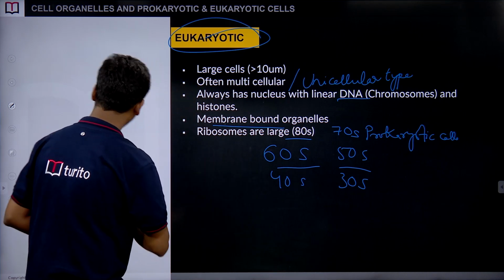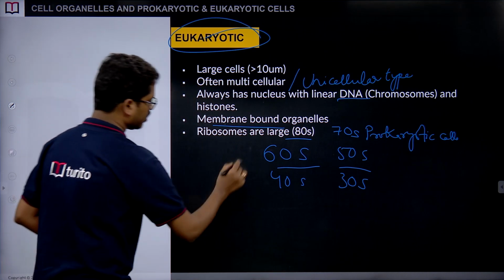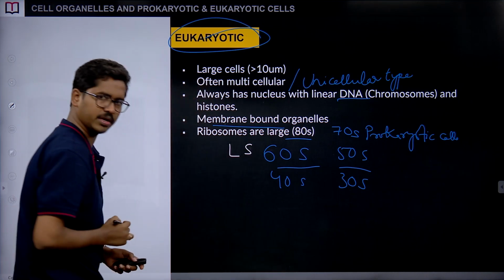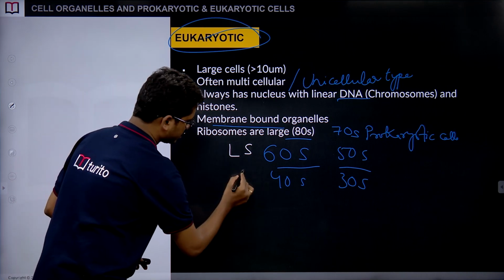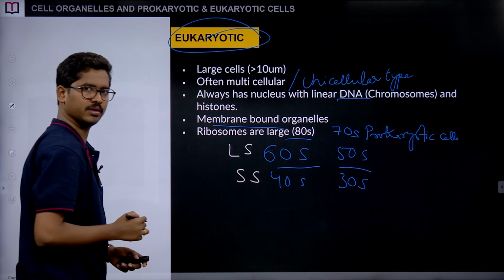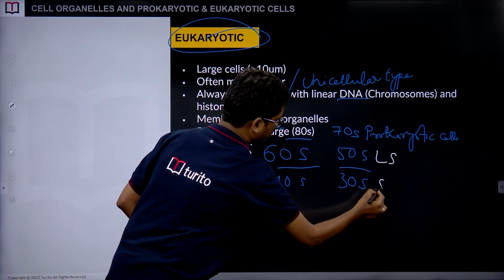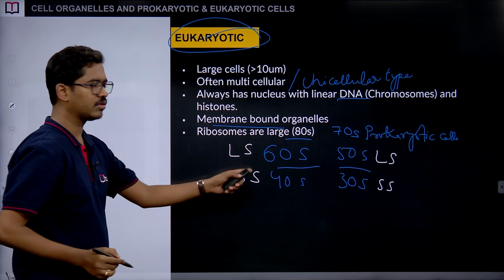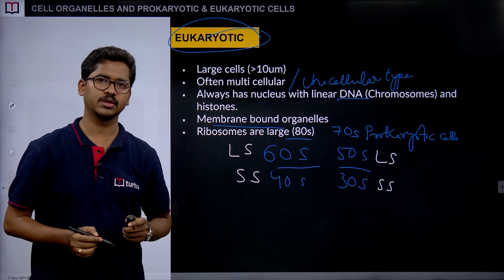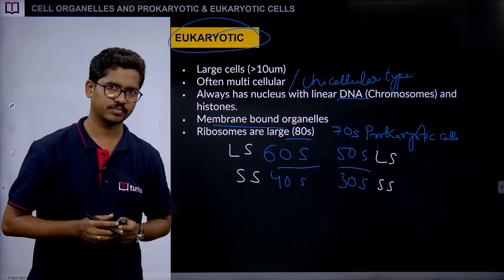So, 60S stands for the larger subunit and 40S for the smaller subunit. This is what we learned when we were trying to understand the organelle ribosomes.